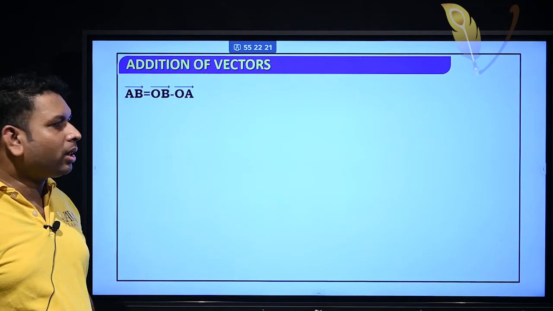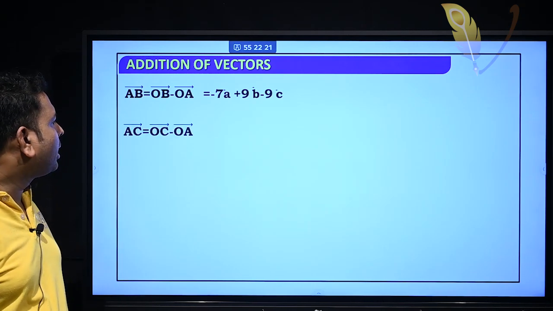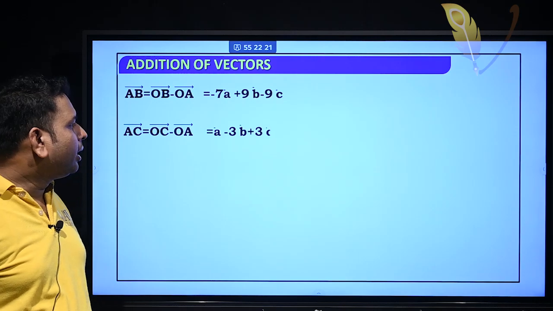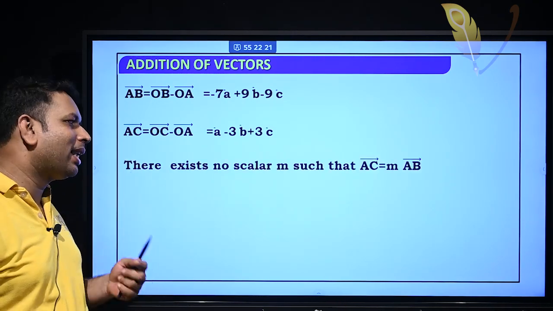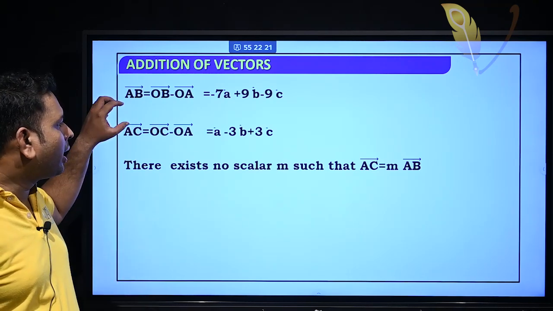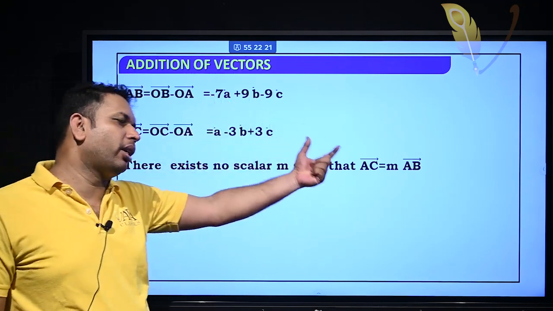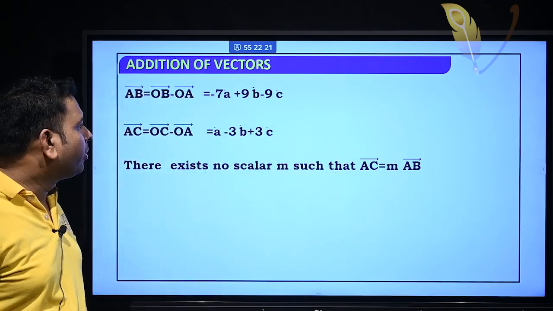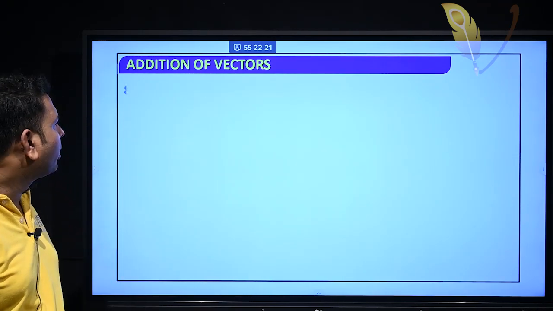AB equals OB minus OA, minus 7a plus 9b minus 9c. AC equals OC minus OA, this is a minus 3b plus 3c. There exists no scalar m such that AC equals m AB. We cannot express AC as some constant multiple of AB. So A, B, C are not collinear.